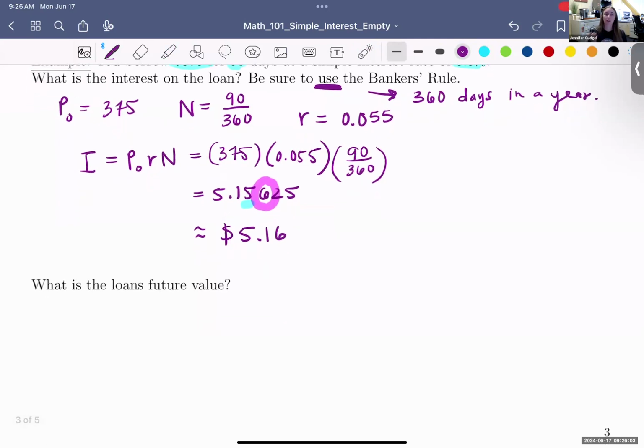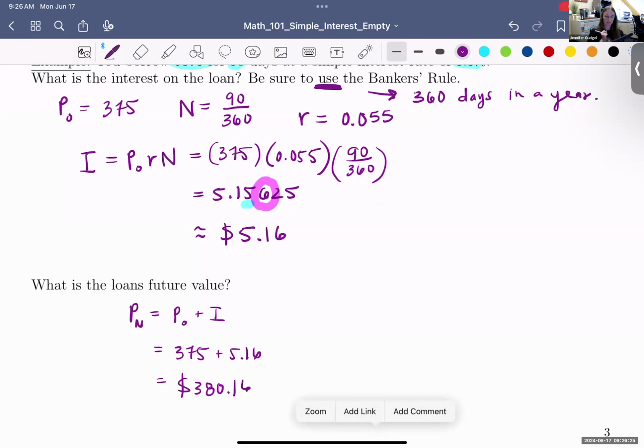It says, what's the loan's future value? Well, the loan's future value was the initial plus the interest, which in this case is 375 plus 5.16. So that's going to be $380.16.